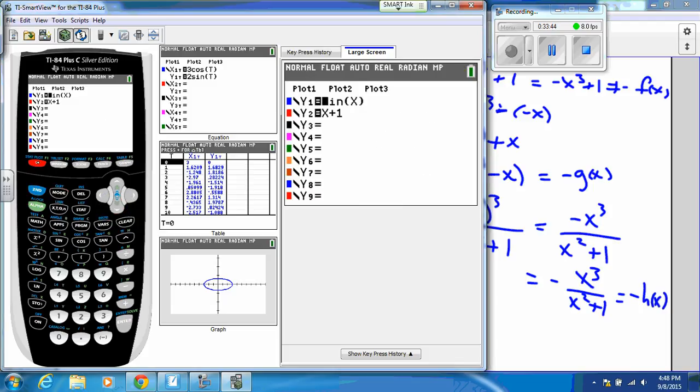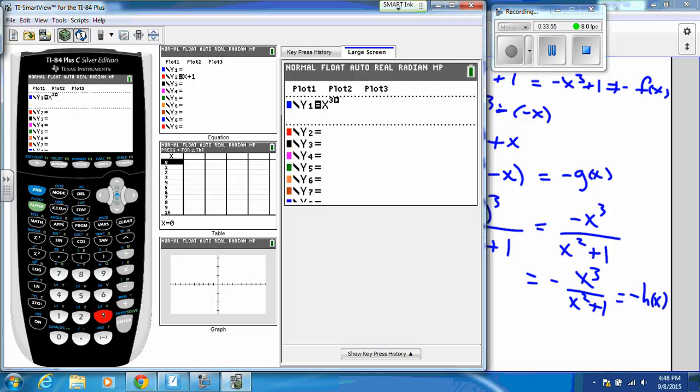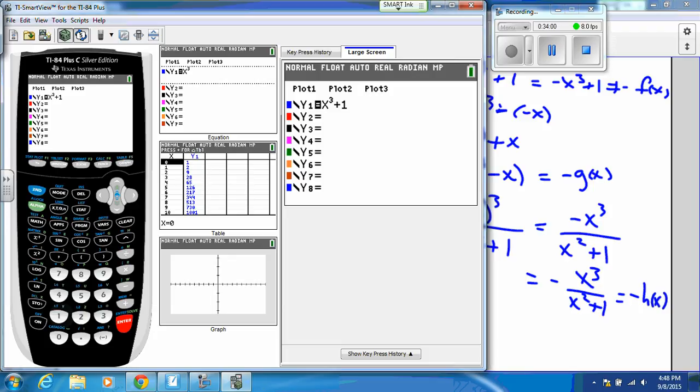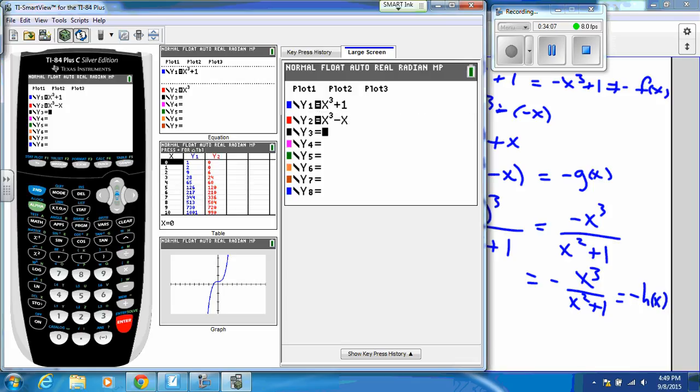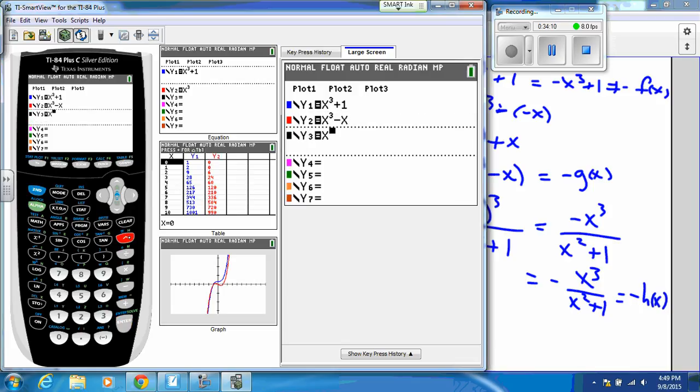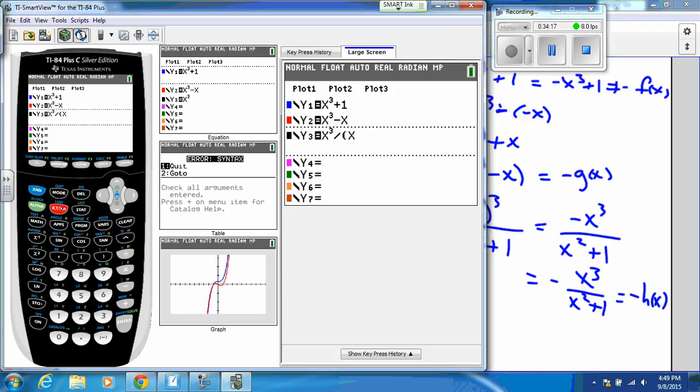There we go. I'm just going to put all three of these functions on the same axis. Y1 is equal to x cubed plus 1. Y2 is equal to x cubed minus x. And y3 is x cubed over the quantity, don't forget your parentheses here, x squared plus 1.